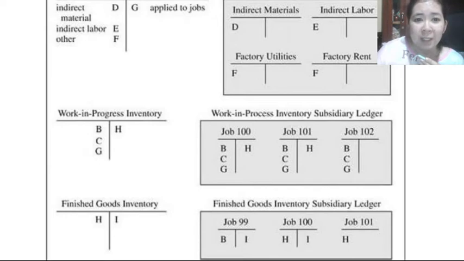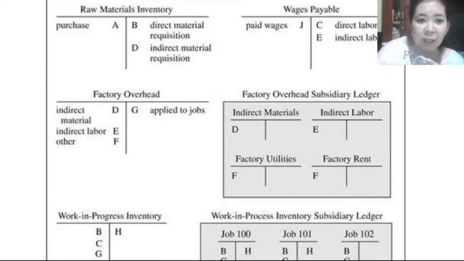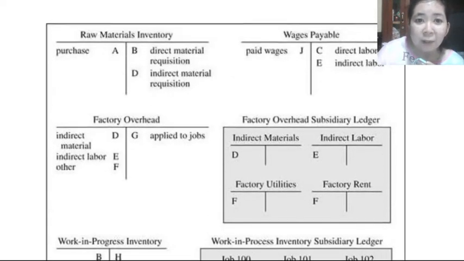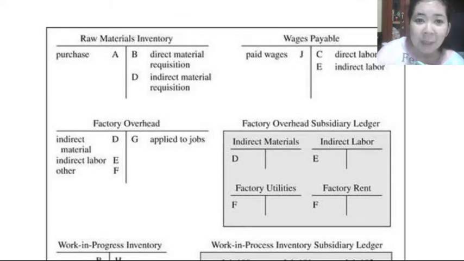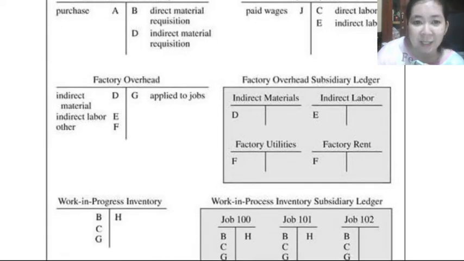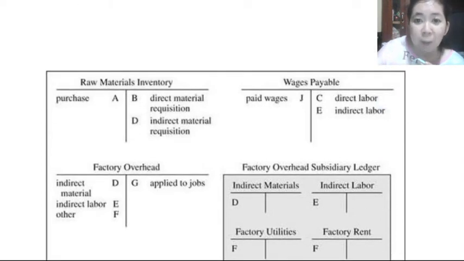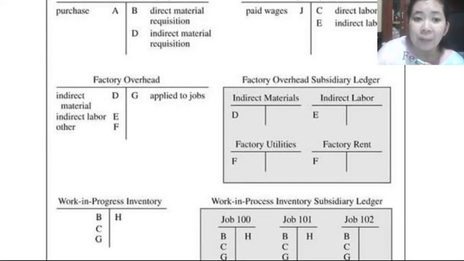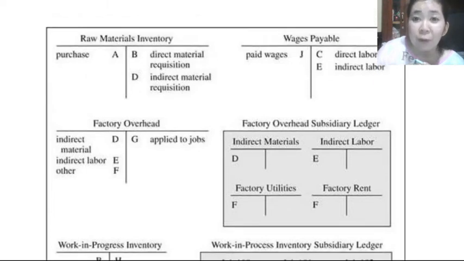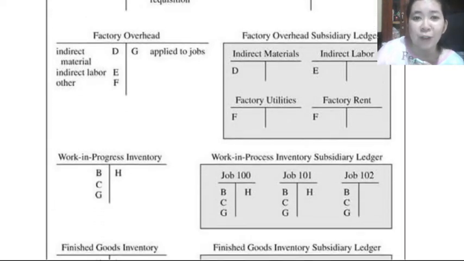For our work in process inventory, the debit here, letter B, is direct materials requisition. If we credited it from the raw materials, meaning we transfer raw materials to our work in process inventory, that's why we debited it. Letter C is direct labor, which is transferred to our work in process inventory. Letter G is the factory overhead applied in our production, which is also transferred to our work in process inventory.